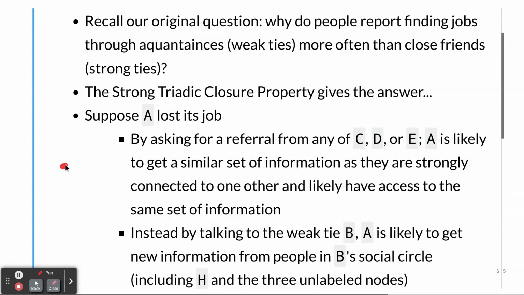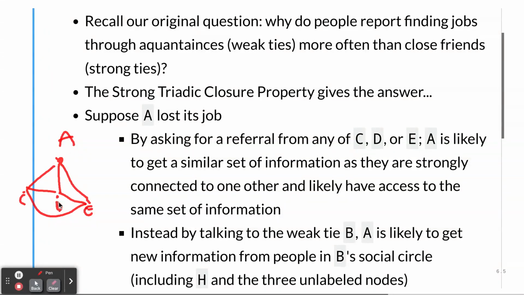So we have A here and C, D, and E. One second, let me clearly draw this. So we have A, and then suppose we have C, D, and E, who are all friends with each other. So these edges between C, D, and E all exist.